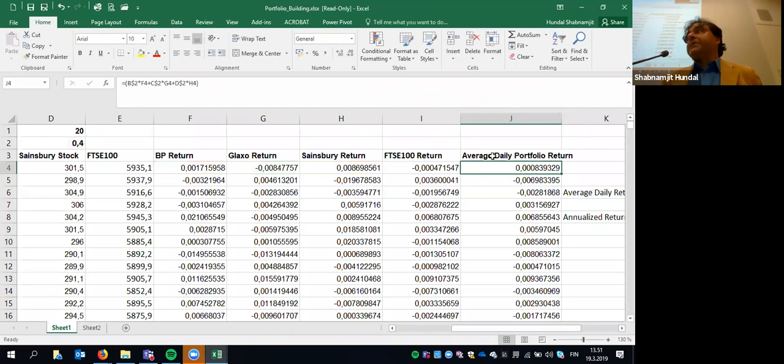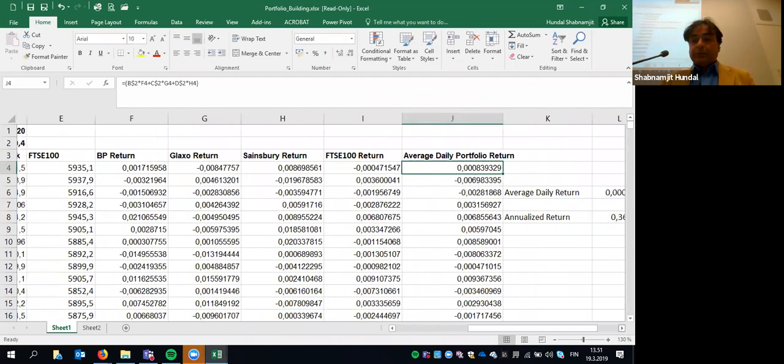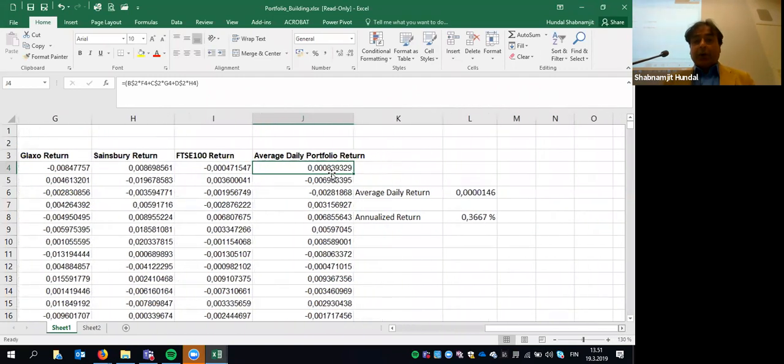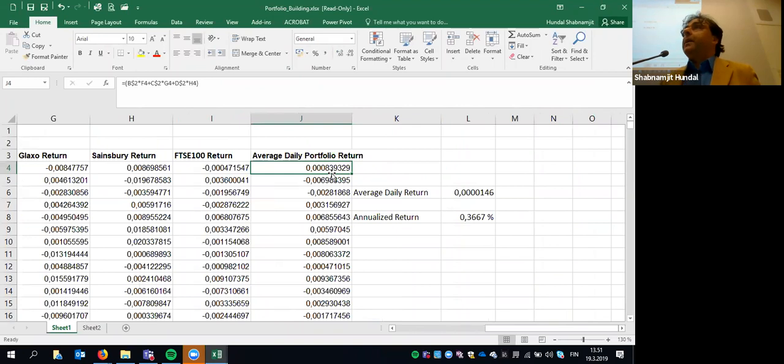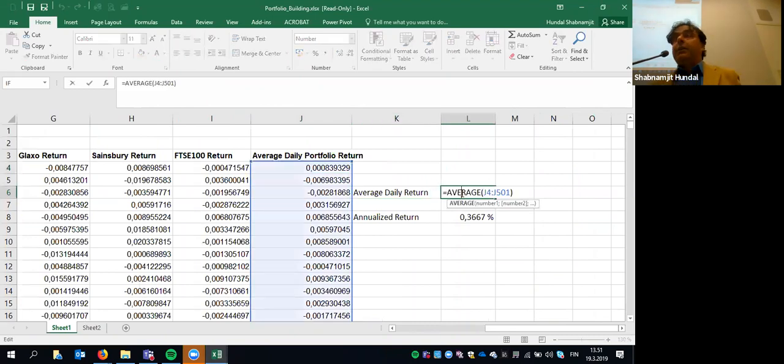And your portfolio is comprising of 3 companies. And when you do that, you have this whole series, 500 plus observations. And then once you find the average daily return, this is what we get.